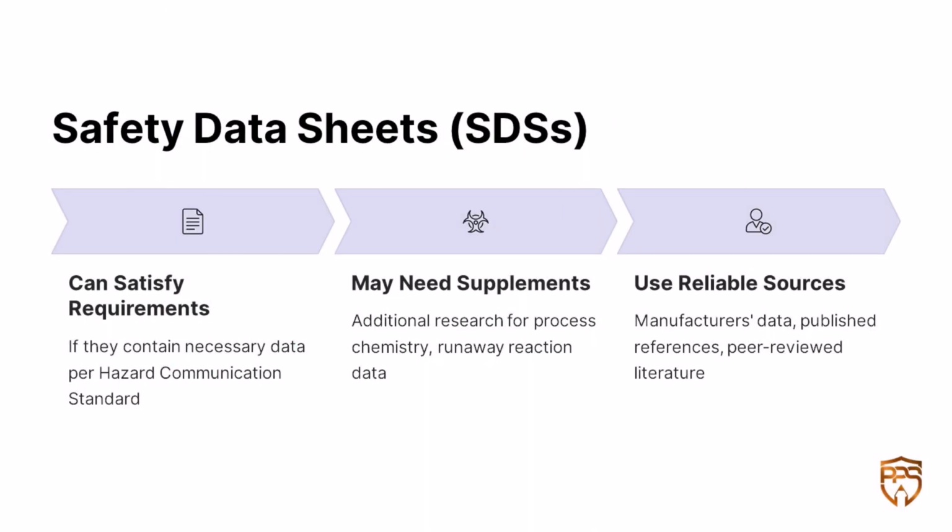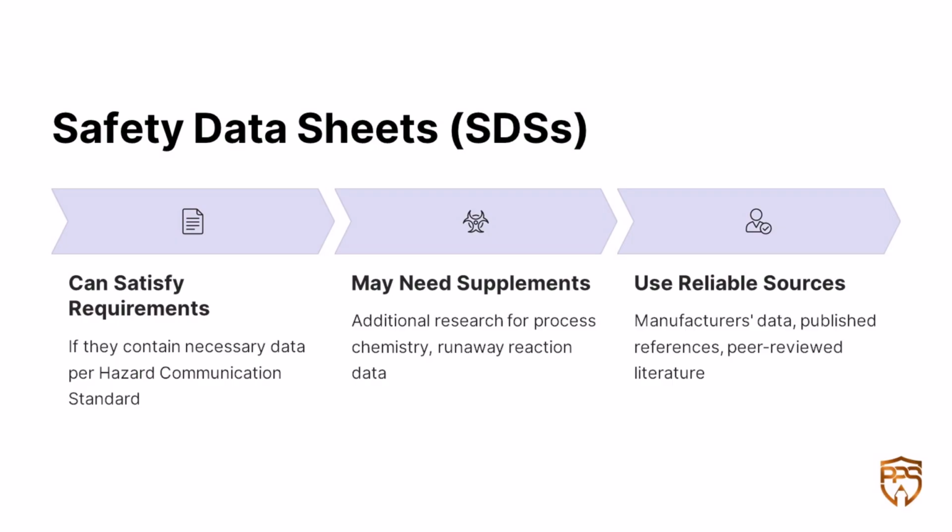OSHA notes that safety data sheets, SDSs, meeting the Hazard Communication Standard, can be used to satisfy this requirement if they contain the necessary data. However, SDSs might not provide all the information needed, especially detailed process chemistry or runaway reaction data, so additional research may be required.